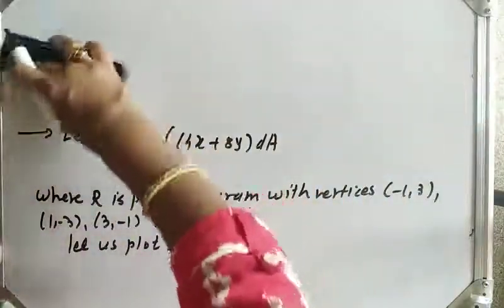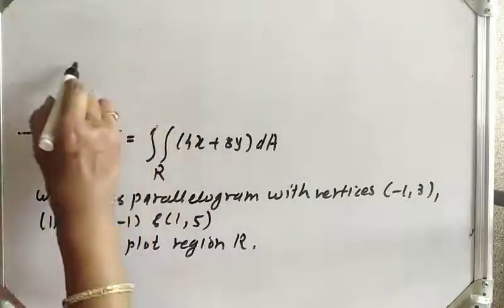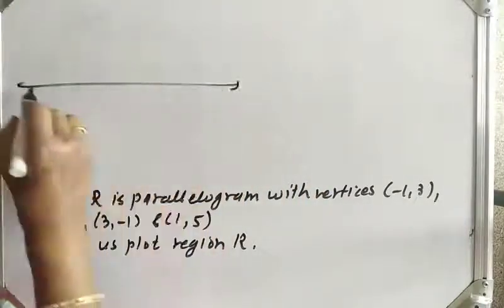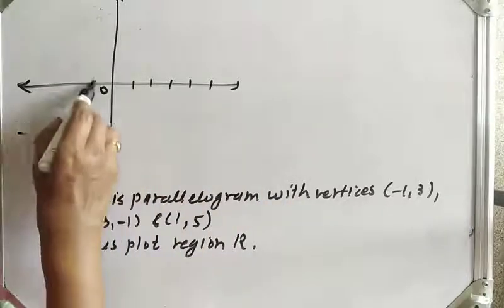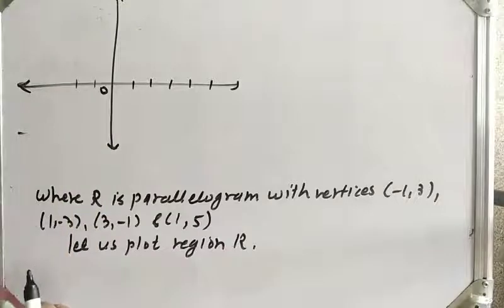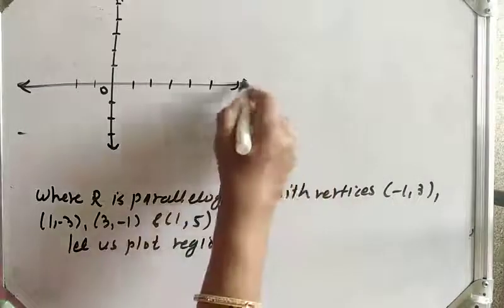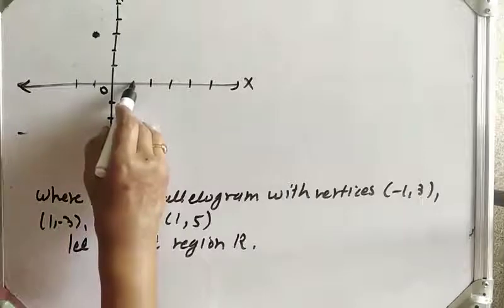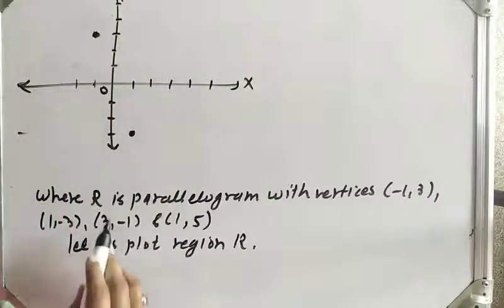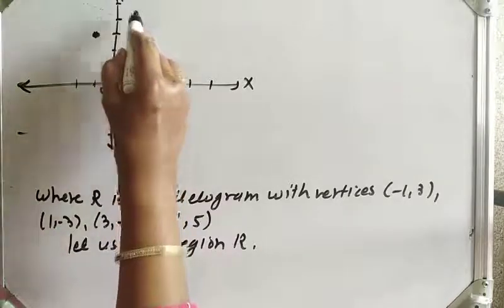So let us plot R. Suppose the axes are marked 1, 2, 3, 4, 5 and minus 1, minus 2, minus 3, with the x axis and y axis, and the parallelogram with vertices (-1, 3), (1, -3), (3, -1), and (1, 5).